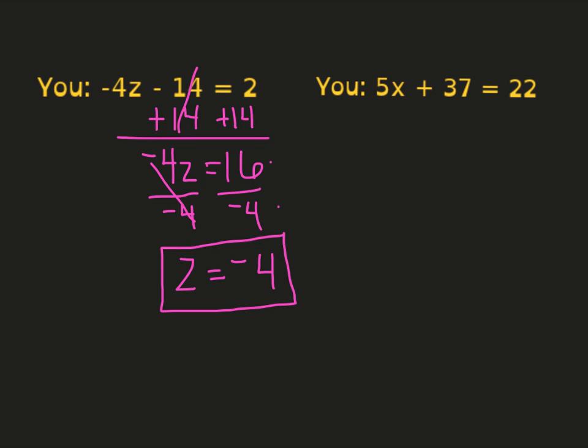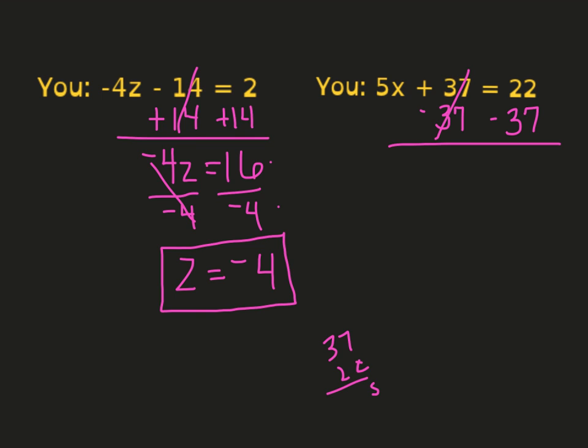All right, and on the next one, 5 times x plus 37 equals 22. So I have multiplication, and then I have adding 37. So I want to do the opposite of adding 37, which is minus 37. Here again, if you want to go somewhere else and subtract that out, you can.